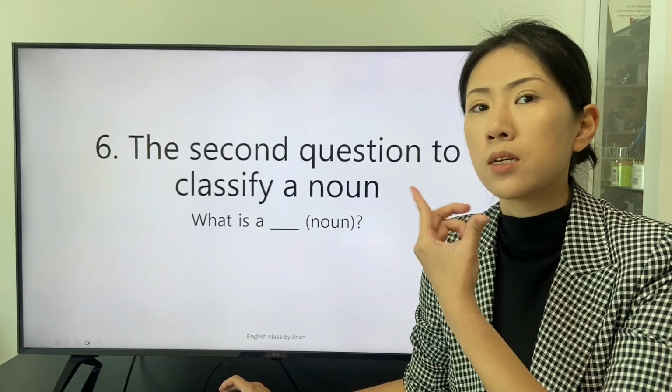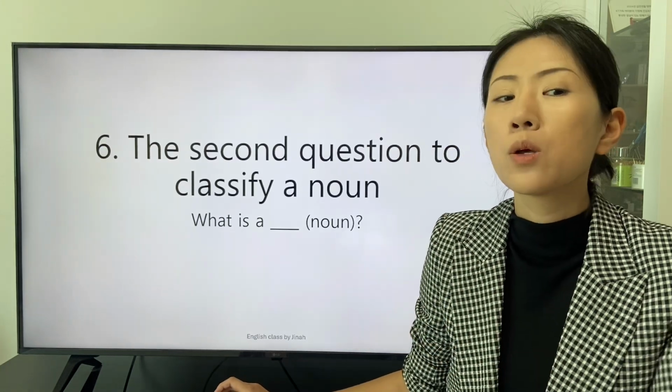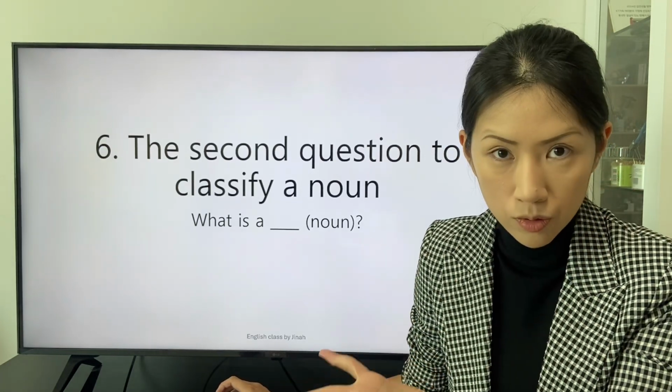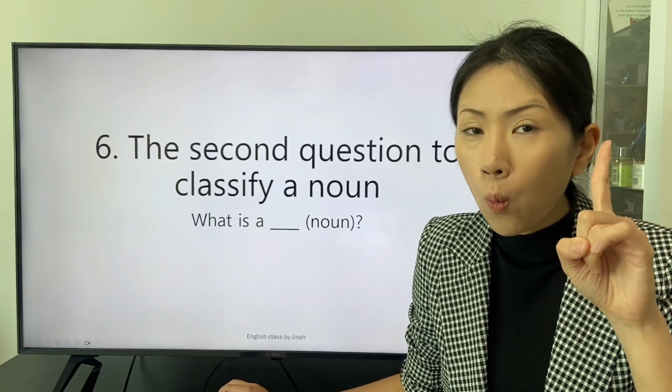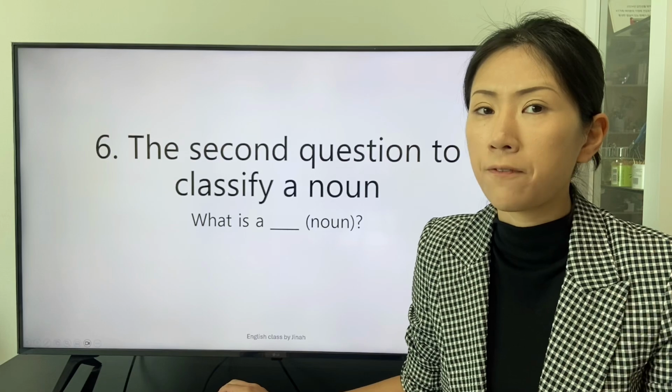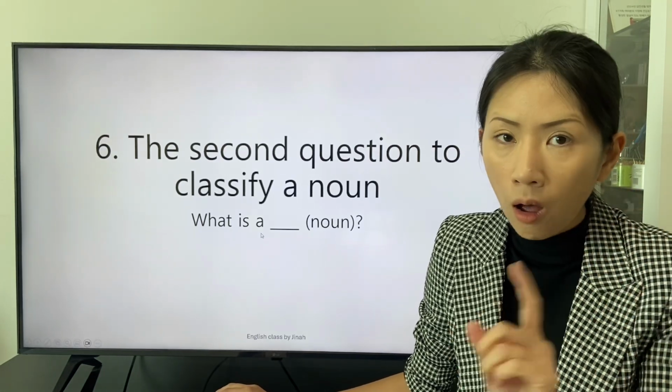We ask the other question, the second question. The second question is, what is a noun? There is one more letter compared to the first question. The letter is a.